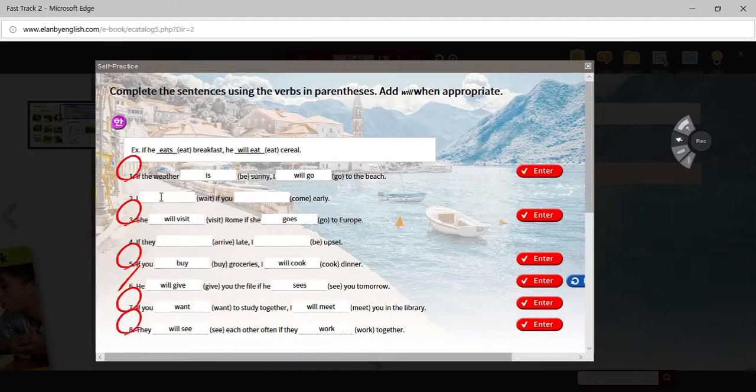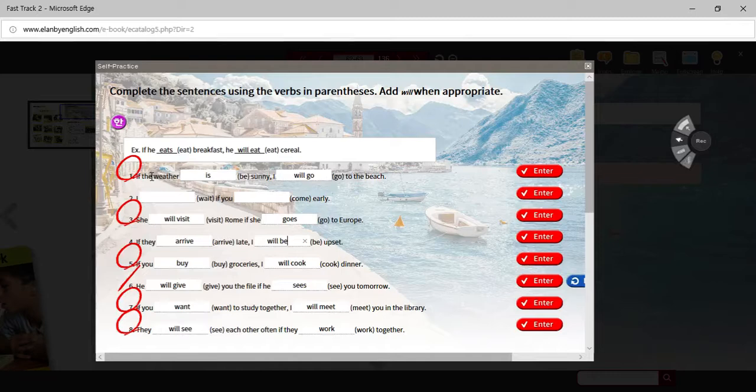All right, number 2. Let's try number 4. If they arrive late, I will be upset. So the if clause is first. If they arrive, good, not they arrives. If they arrive late, I will be upset. Okay.